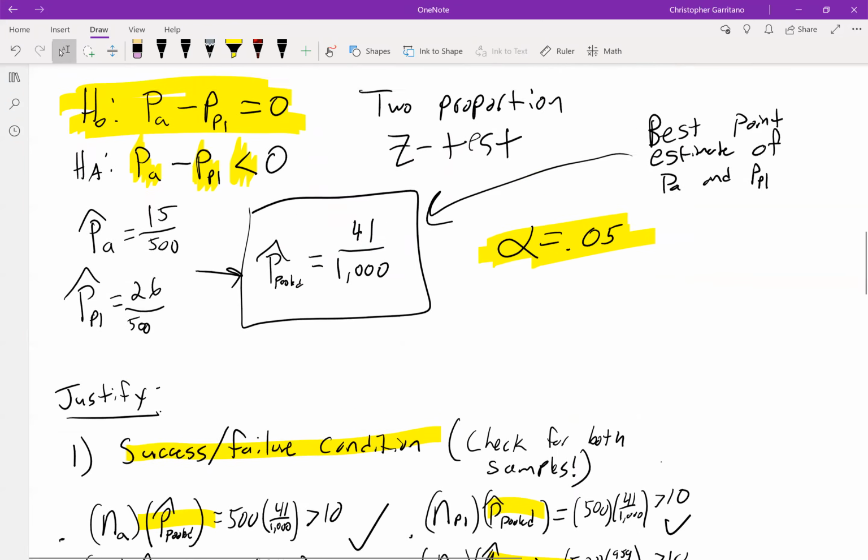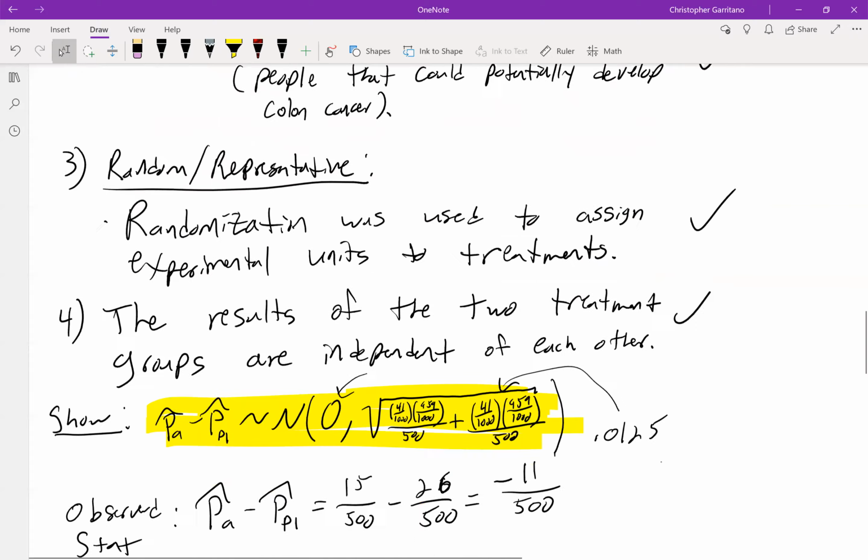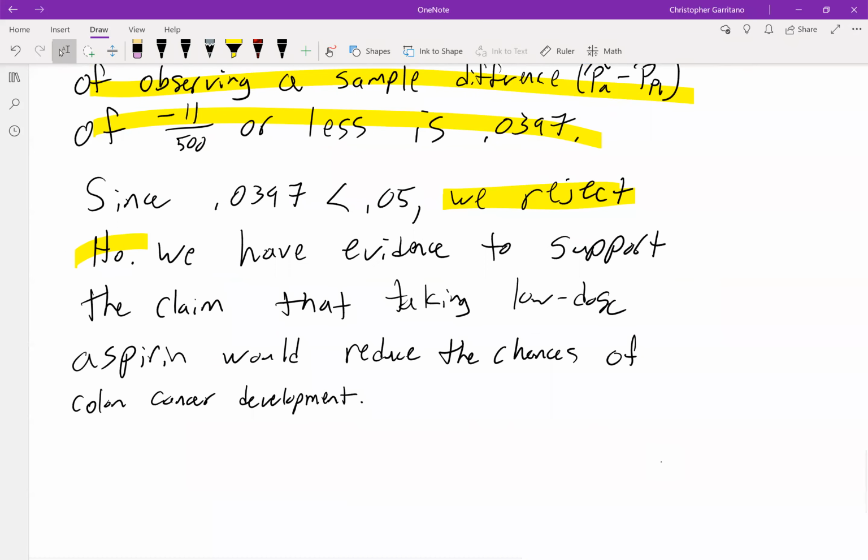So they ask, do the data provide convincing statistical evidence that taking a low-dose aspirin each day would reduce the chance of developing colon cancer? And so I restated my alternative hypothesis statement to kind of sound like the way they asked the question. So we have evidence to support the claim that taking low-dose aspirin would reduce the chances of colon cancer development.